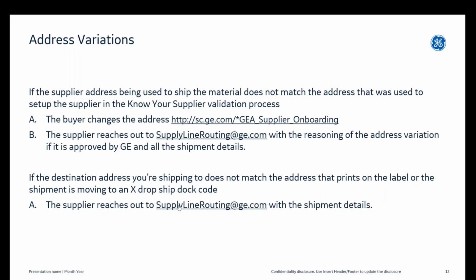You will need to, again, reach out to SupplyLineRouting@ge.com. Give us all the shipment details. Let us know what needs to happen, what's wrong. We'll get that one set up and we'll route those for you. So that's address variations. The process is very systemic, so if anything is wrong with the addresses, you've got to let us know.